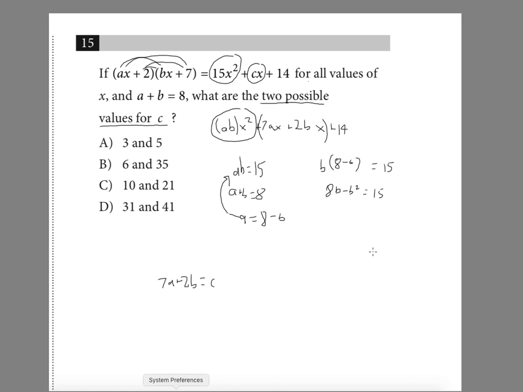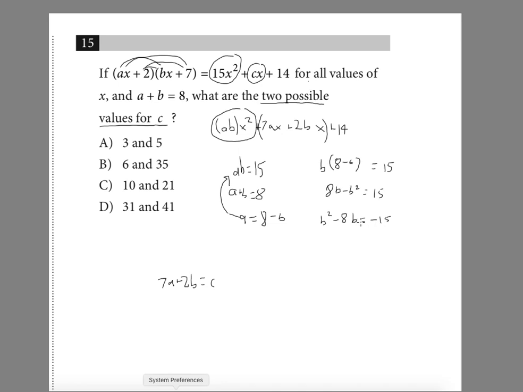So 8b minus b squared is equal to 15. We can multiply both sides by -1, right? Because we don't like this negative b squared right here. So we multiply it by -1, we get b squared minus 8b is equal to -15.